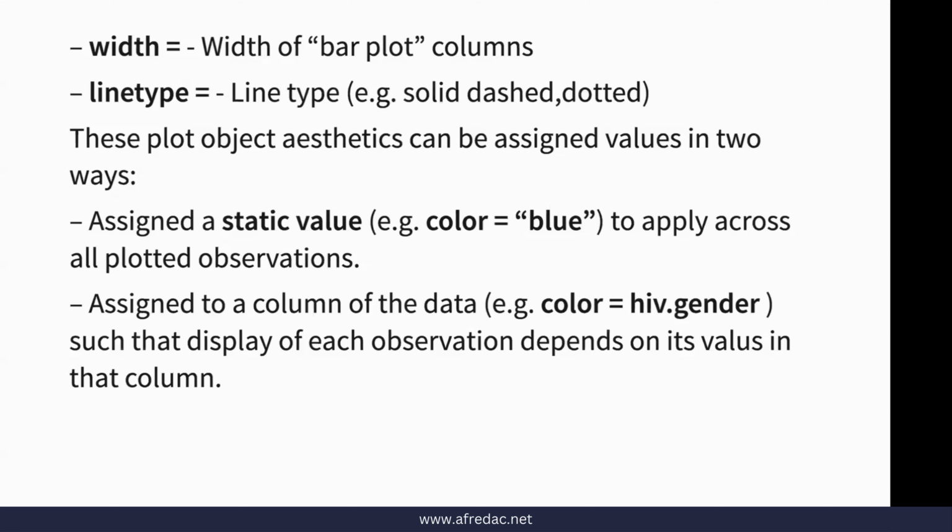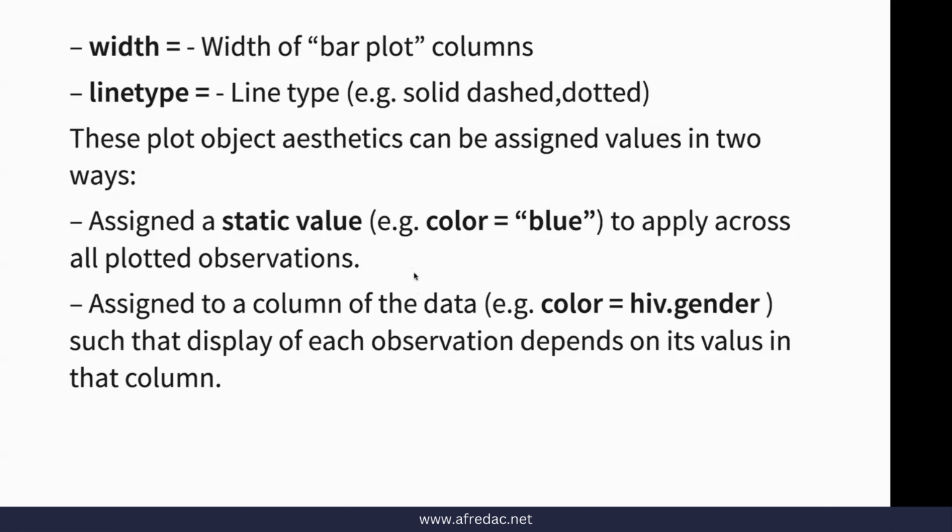The first one is what is called a static value, whereby you just say that I want the color to be equal to this. That is what we call a static value, or an option which is called a setting. You just want to set the color to be equal to blue, and this will be applied across all the plotted observations. That is one way.